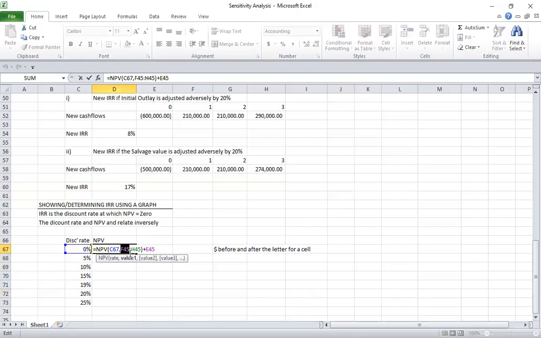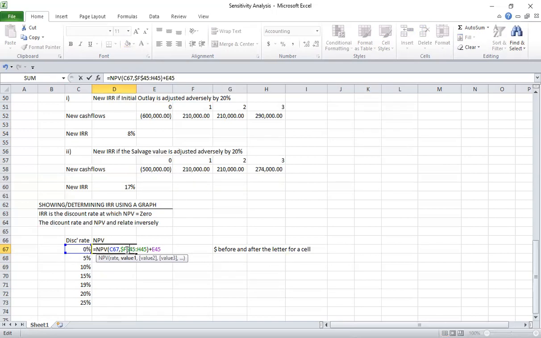If I want to lock F45, before F I put $, and then after F I put $. I've said you put the $ sign before and after the letter.